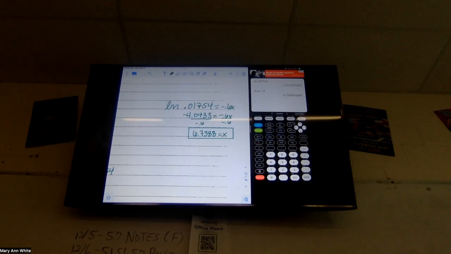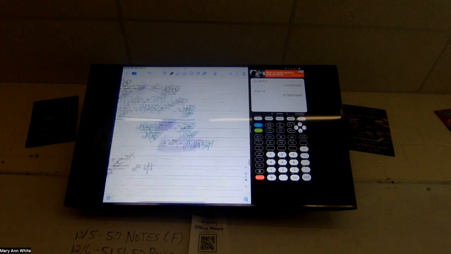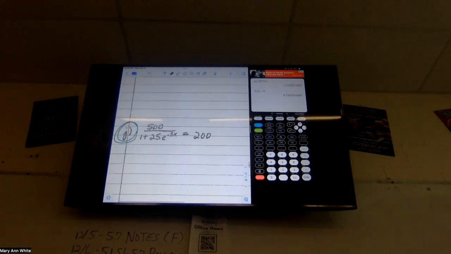Look at the very last one. So we're going to solve it just like we were doing before, put it over one, and cross multiply. I got 200 times 1 plus 25 e to the 0.3x equals 500. I'll distribute that. I get 200 plus 5,000 e to the 0.3x equals 500.